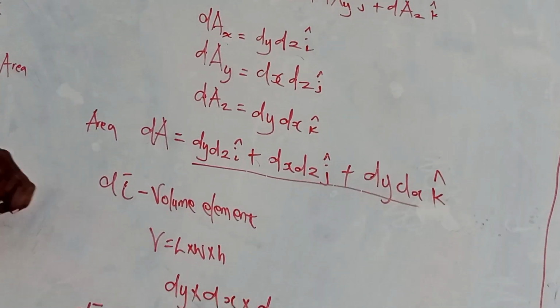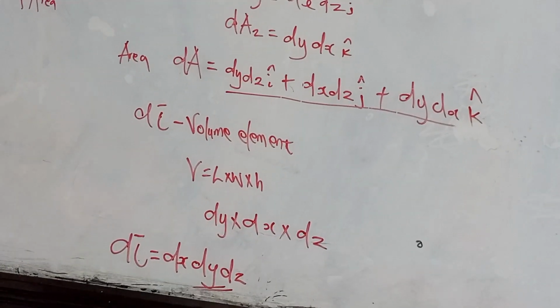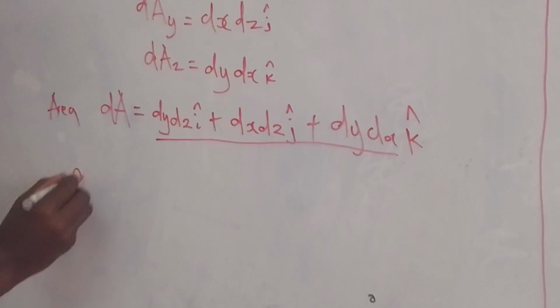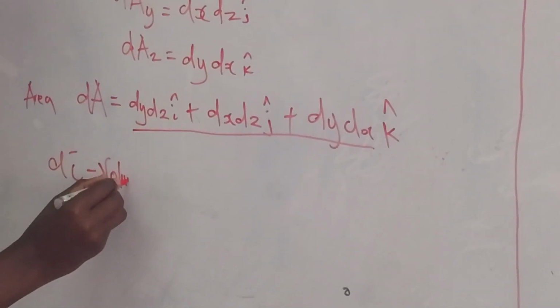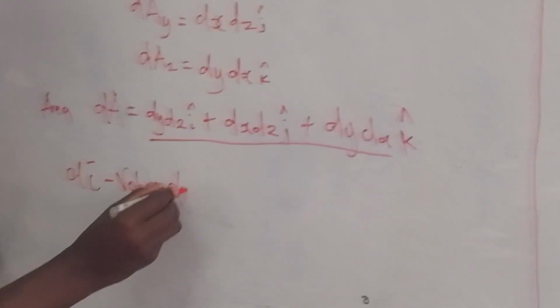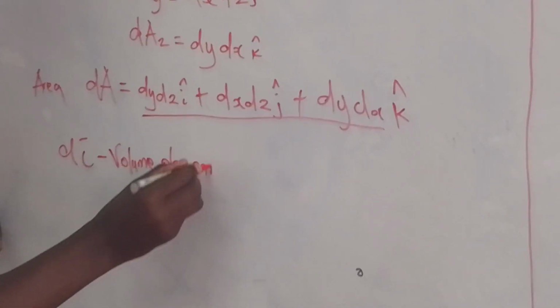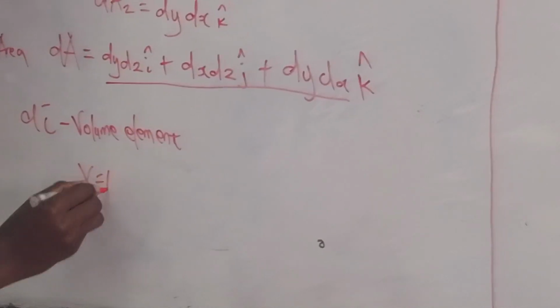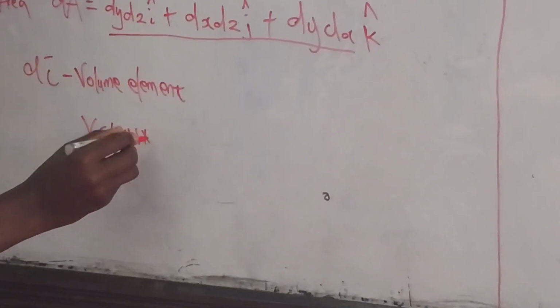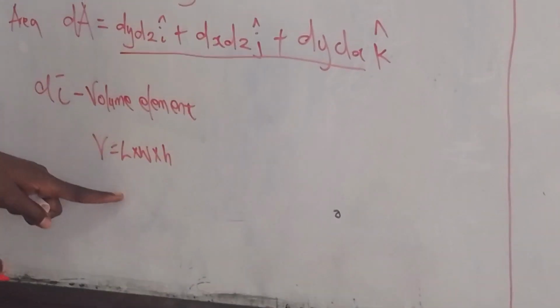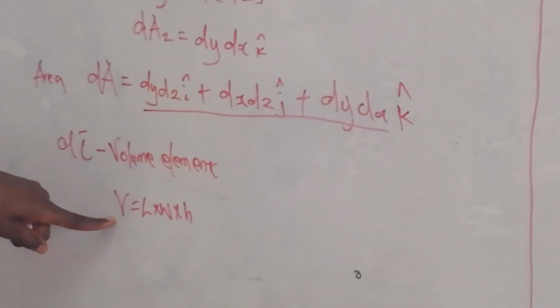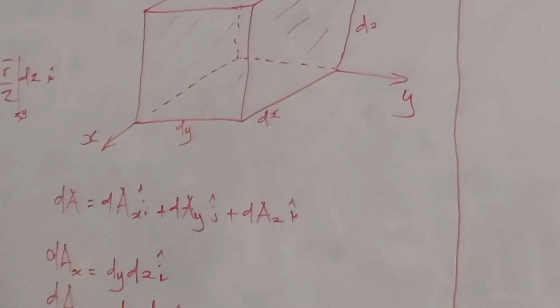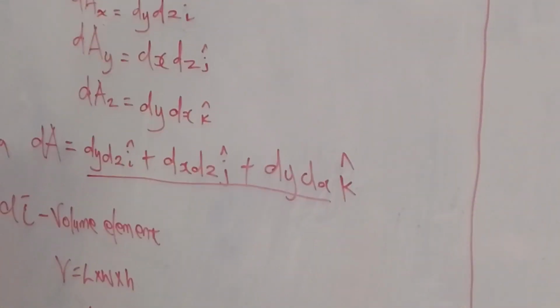From there, following our steps, we want to go directly into finding the volume element. The volume element d tau is given by the formula for finding the volume, which is usually length times width times height. In this case, our length is dx, our width is dy, and our height is dz.